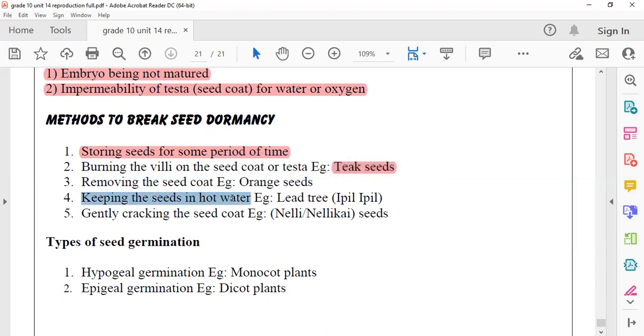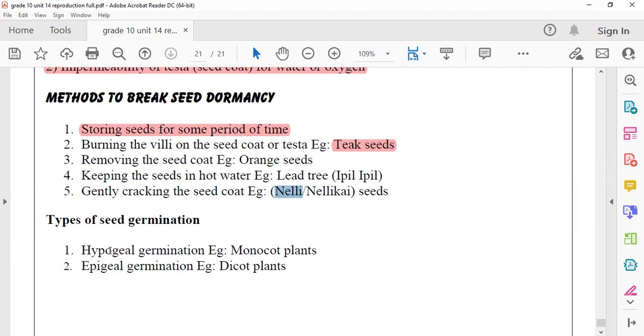Keeping the seeds in hot water, that we do in the plant called ipil. And gently cracking the seed coat, that we try in the plant nelly. All these we try to break the seed dormancy.